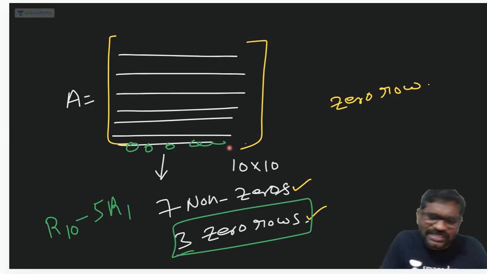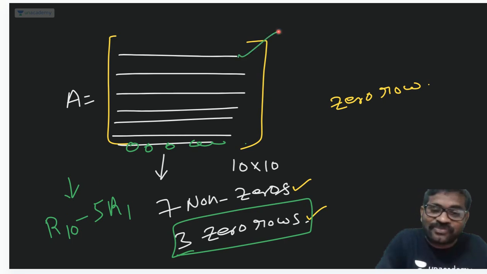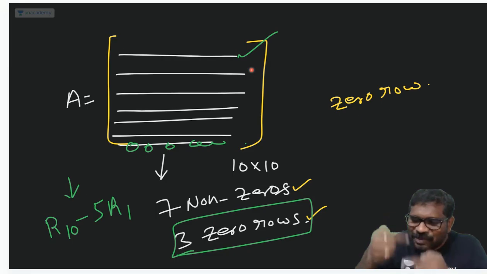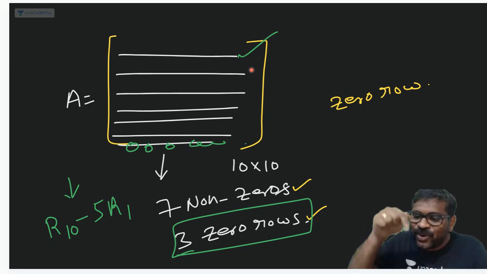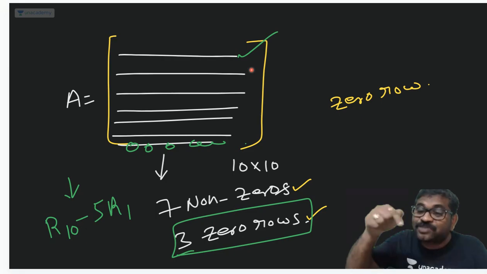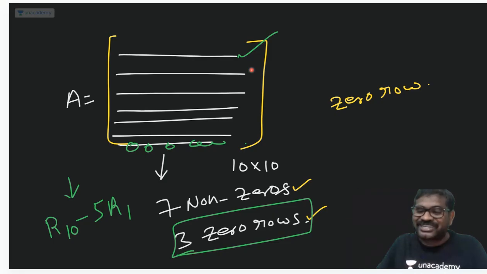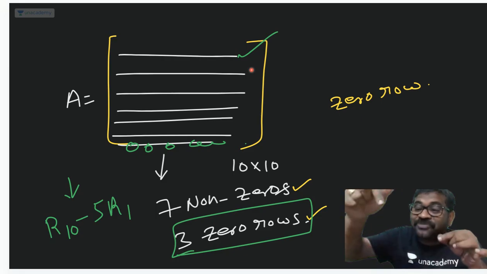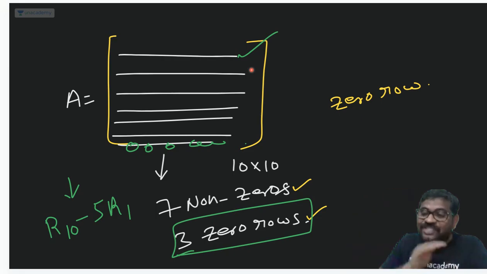By applying this operation: the 10th row minus 5 times R1. The 10th row can be expressed as 5 times R1. A row vector is expressed as a scalar multiple of another vector. So the 10th row is 5 times R1. R1 and R10 are linearly dependent. That's why the 10th row becomes a zero row.